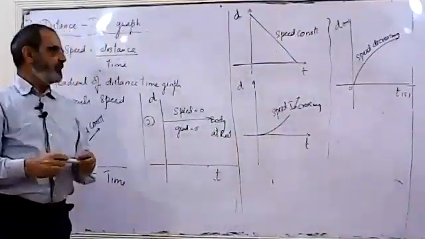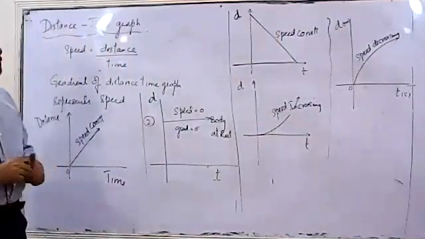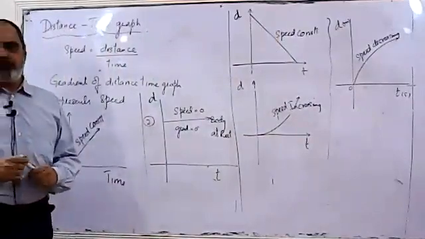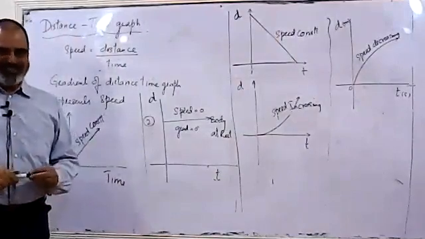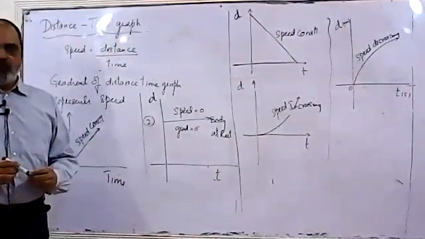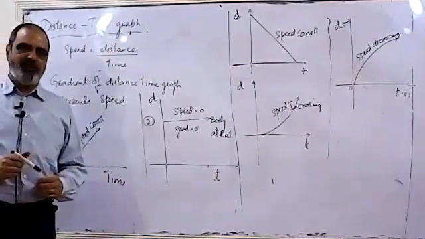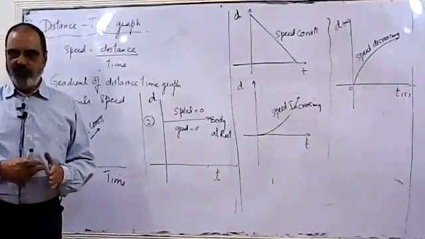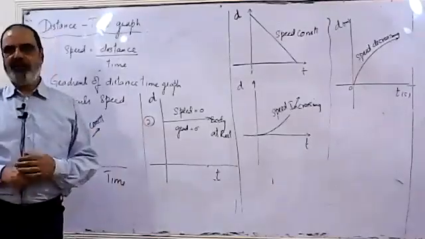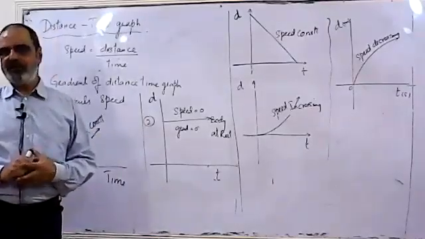So we have discussed two graphs, the displacement time graph and the distance time graph. Both are similar graphs. The only difference is that the displacement time graph's gradient represents velocity and the distance time graph's gradient represents speed.